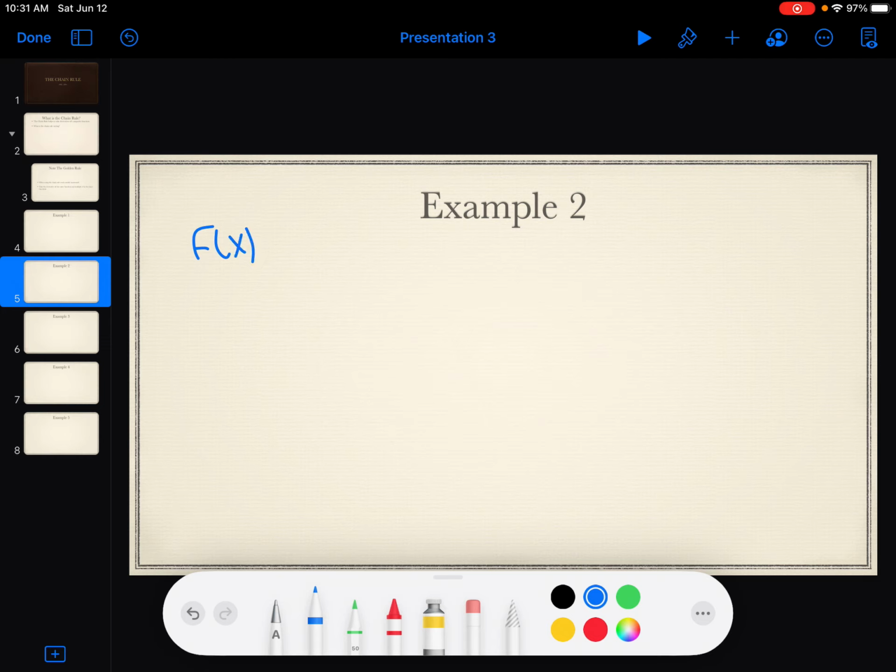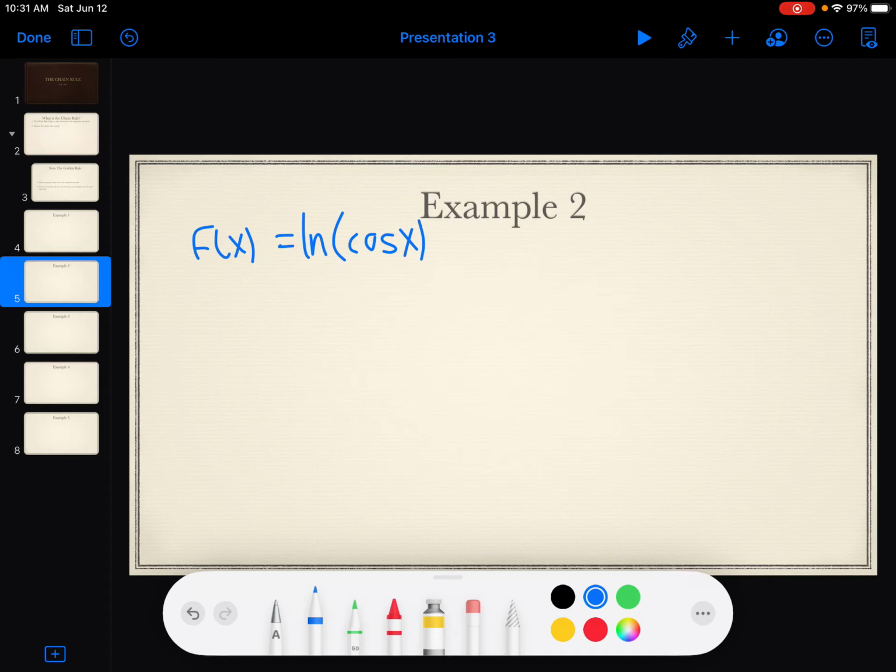So this time we're given a function f of x is equal to ln cosine x. Okay, so what's our first step? Well, the first step is to identify the outer and inner function. The outer function is usually acting on the inner function.